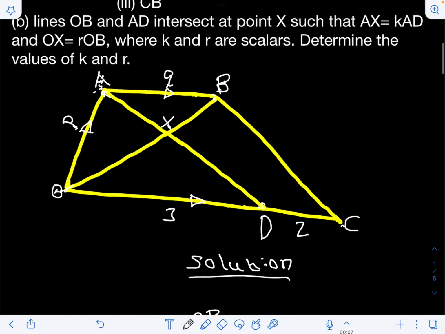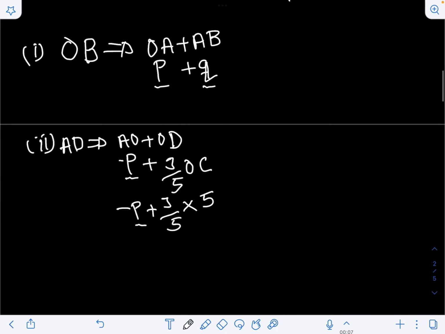What's our AB here? Our AB is vector Q. So this 5 will be cancelled with that 5, and we have negative vector P plus 3 vector Q. So that one we also finished.